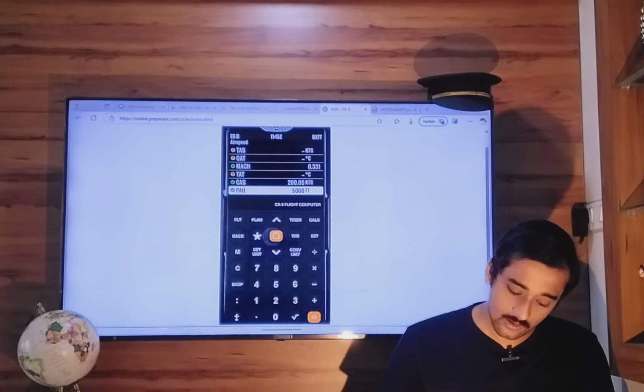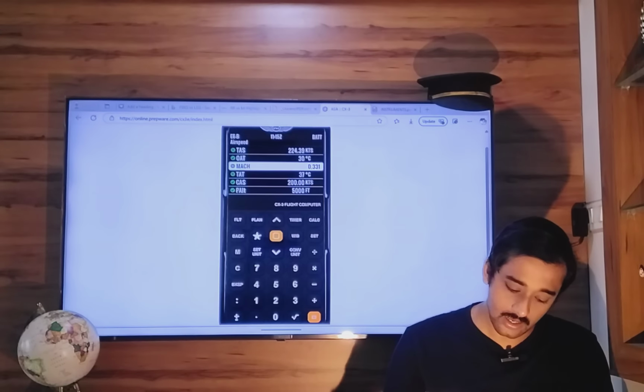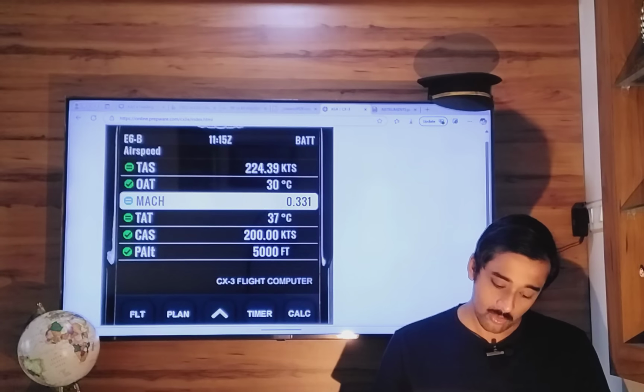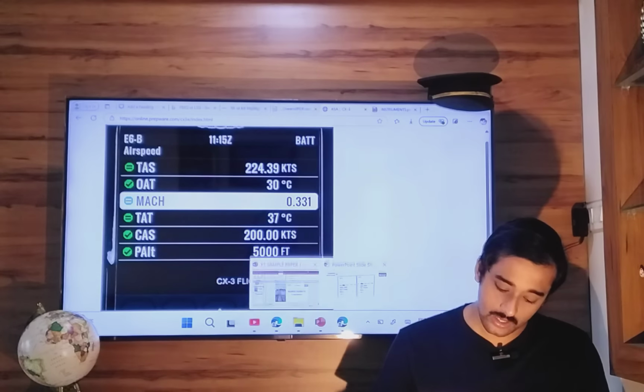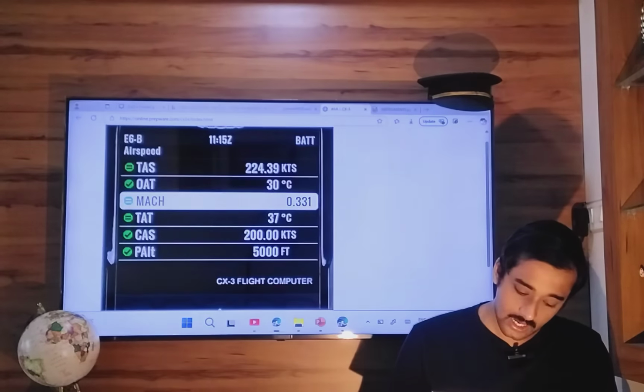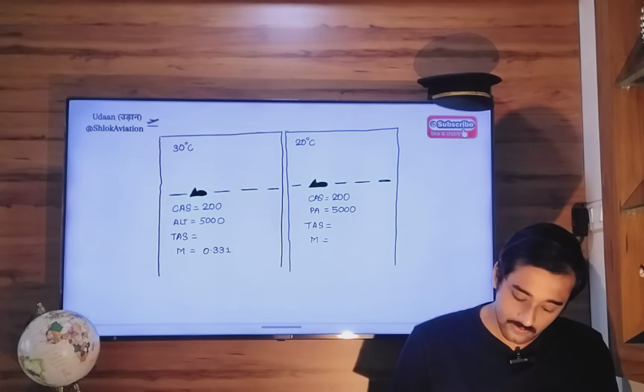In that case, your TAS is 224 knots and the Mach number is 0.331.